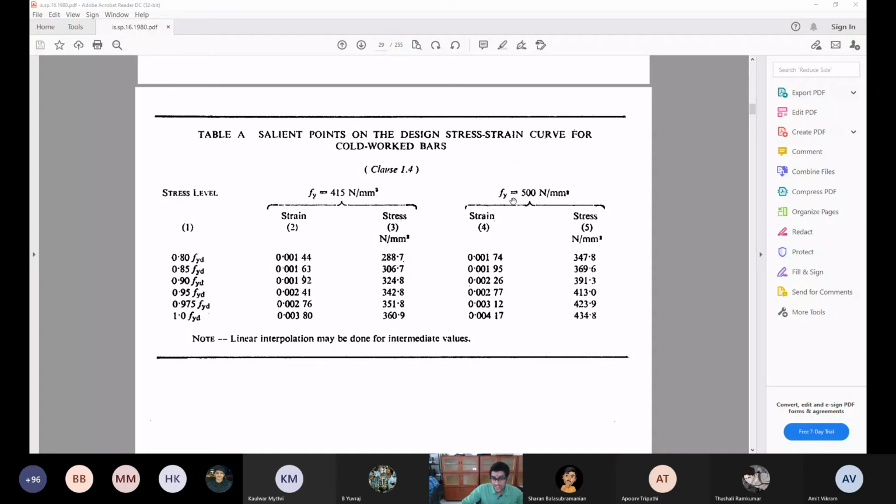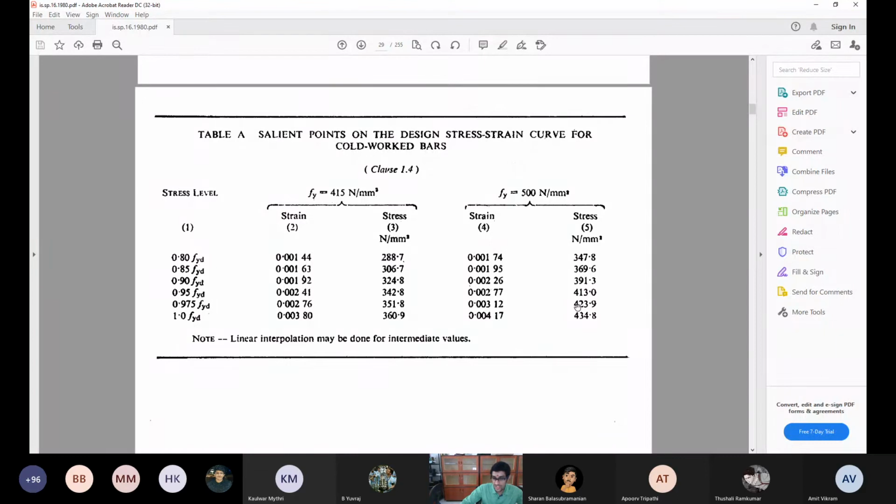So here Fe500, and we have strain values here and stress values over here. Because of this, we look at where we are in the strain. Our strain was 0.0031, so we are somewhere close to this.